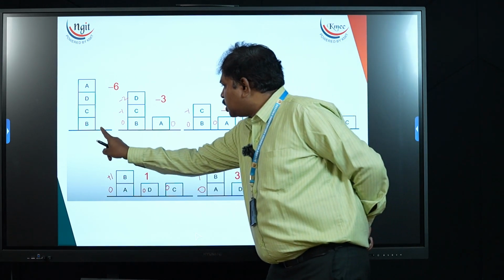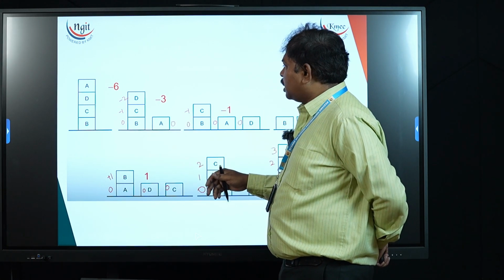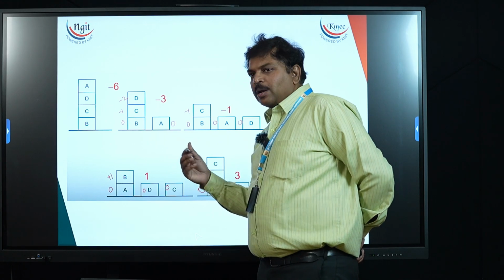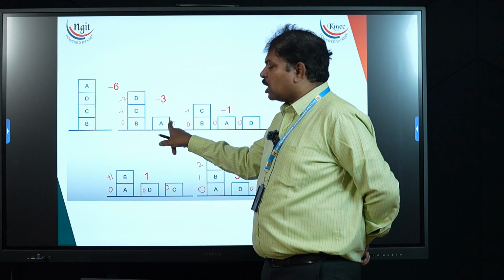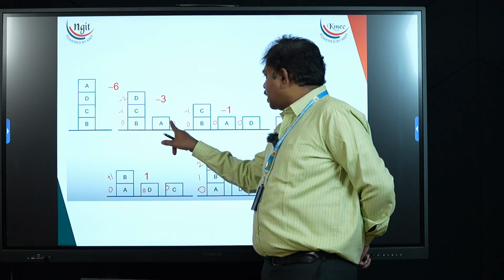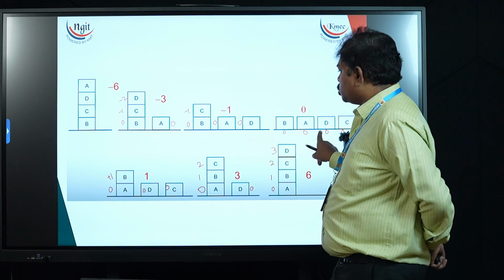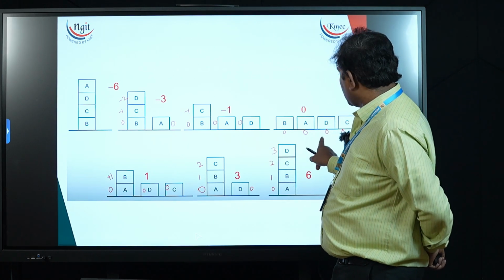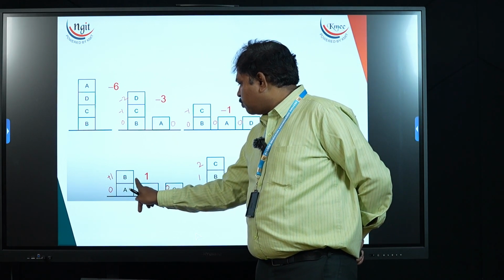This means from this state I reach this state, like hill climbing. At every step it calculates a heuristic. So -6, -3, okay, I'm on the right way. From -3 to -1, I'm on the right way. Now I reached 0. From 0, when I placed B as per my goal arrangement, it is now 1.